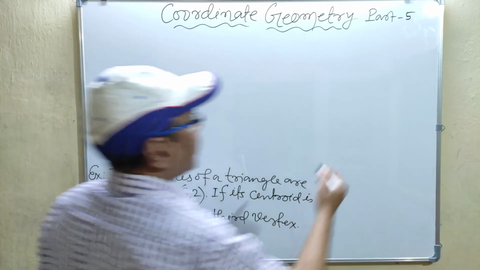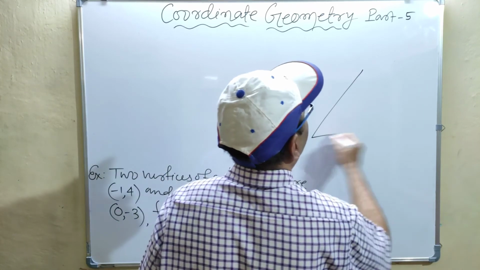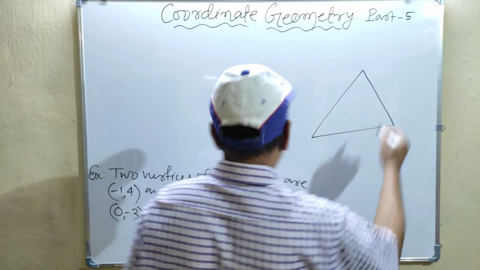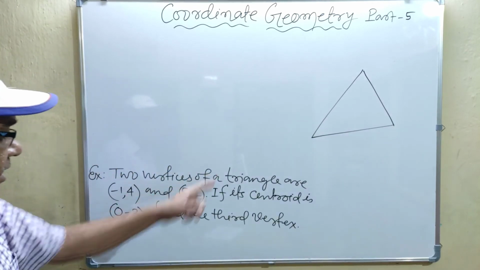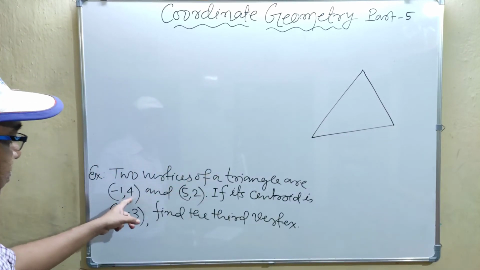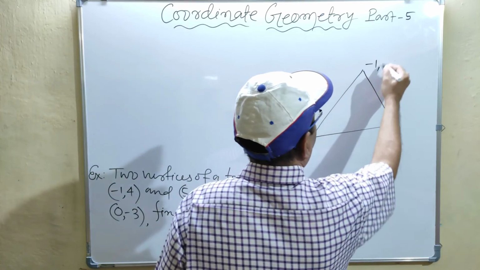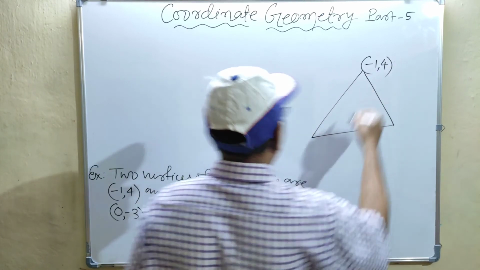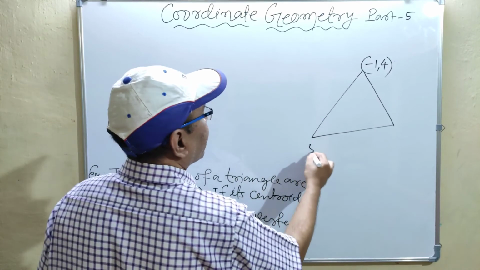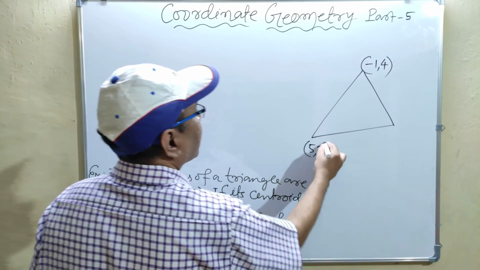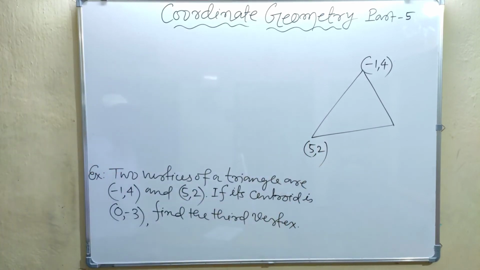There is a triangle in this question. Two vertices of the triangle are minus 1 4 and 5 2.